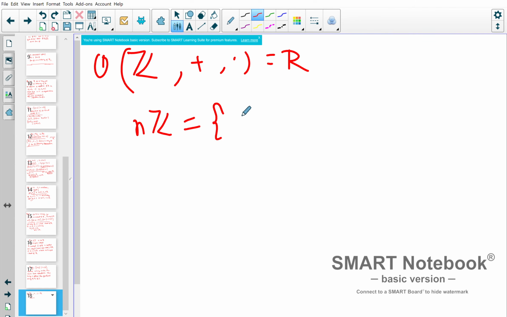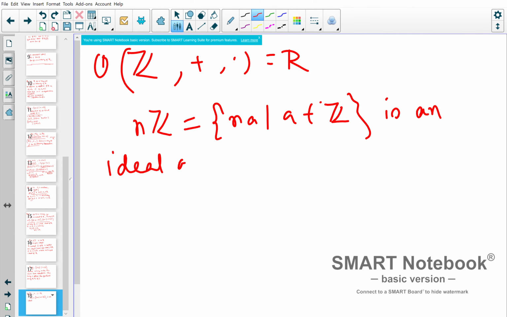So this, by definition, n times a belongs to Z. So this is multiplicative. These are all those elements of Z which are multiples of n, right? So this is an ideal of Z. Now how to prove this is an ideal of Z?